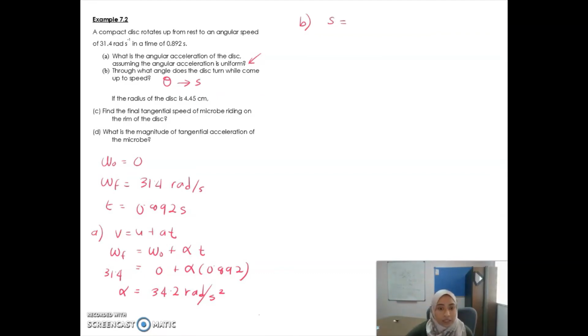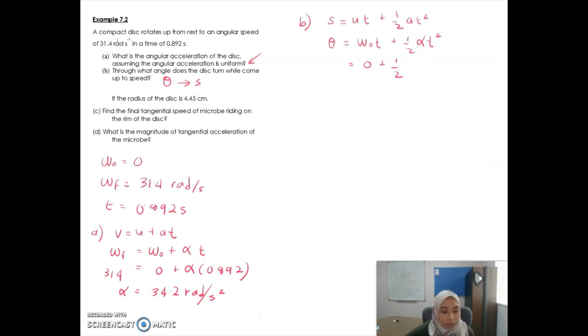So the kinematic equation to solve this would be S equals UT plus 1 over 2 AT squared. And if I convert it to angular form, this becomes theta equals omega naught T plus 1 over 2 alpha T squared. Right, and my omega naught is just 0.